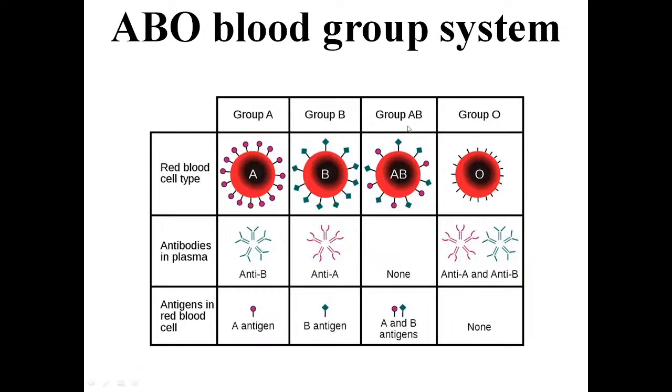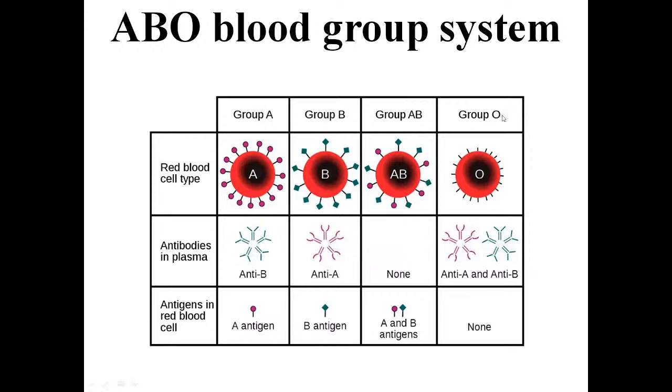A patient with group AB has A and B antigens on the membranes of erythrocytes, and in plasma there is an absence of anti-B and anti-A antibodies.